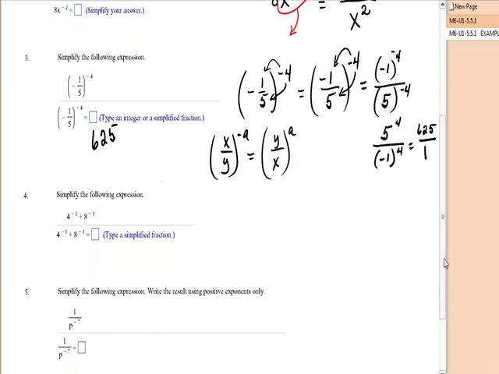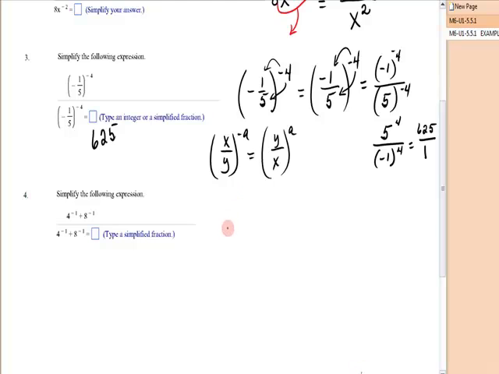All right, number 4. I'll give myself just a little bit more room here. I have 4 to the negative 1 plus 8 to the negative 1. Well, 4 to the negative 1, that's going to be 1 over 4. Plus 8 to the negative 1, that's 1 over 8. Each of these has an implied positive 1 exponent that I'm just not writing.